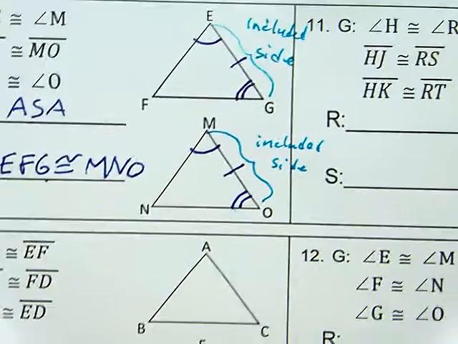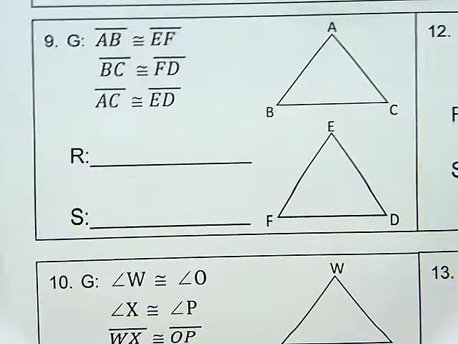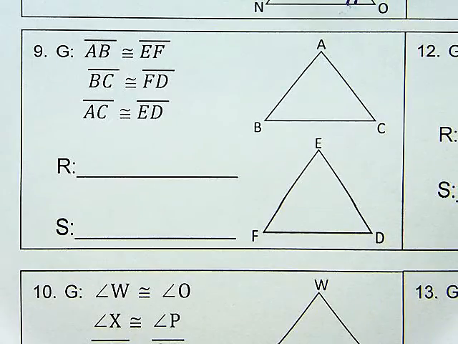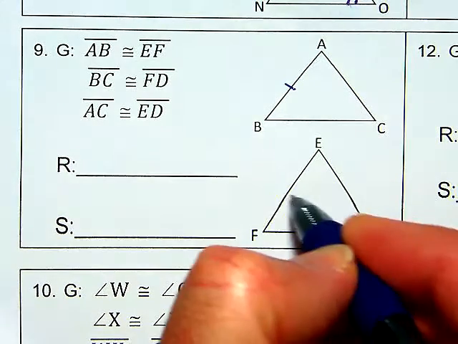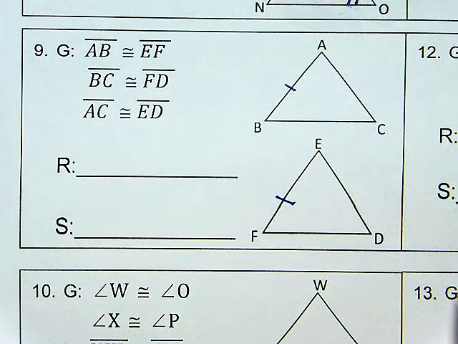Let's go on to number 9. Okay. We have two triangles, ABC and EFD, and we're told that side AB is congruent to side EF. So let's make our markings. AB and EF, I'll put a single line through each of those.